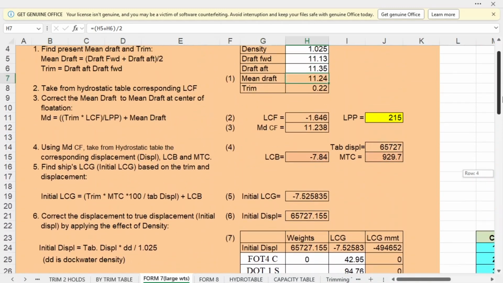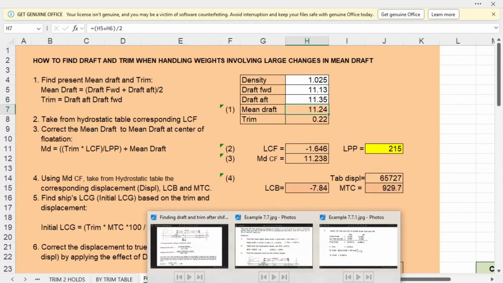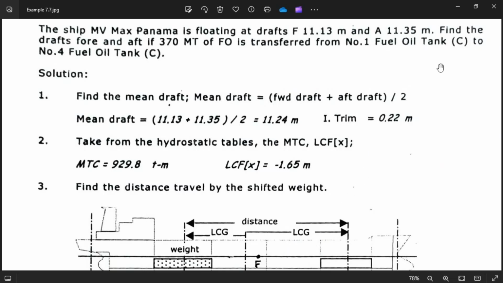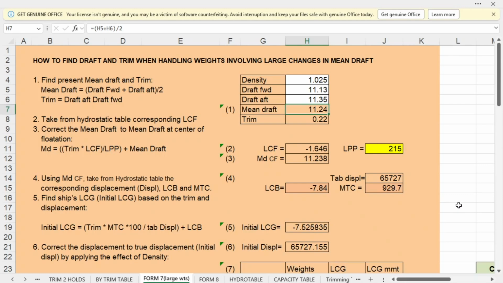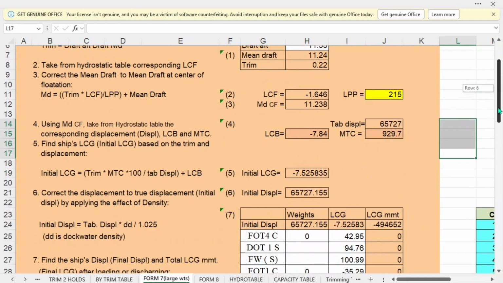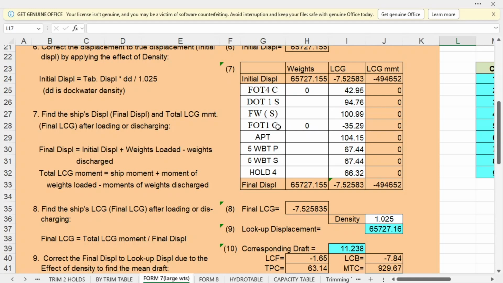Now the problem says you will shift 370 metric tons from fuel tank number 1 center to fuel tank number 4 center. So we take out 370 in fuel tank number 1 center. When you take out, that means negative 370.